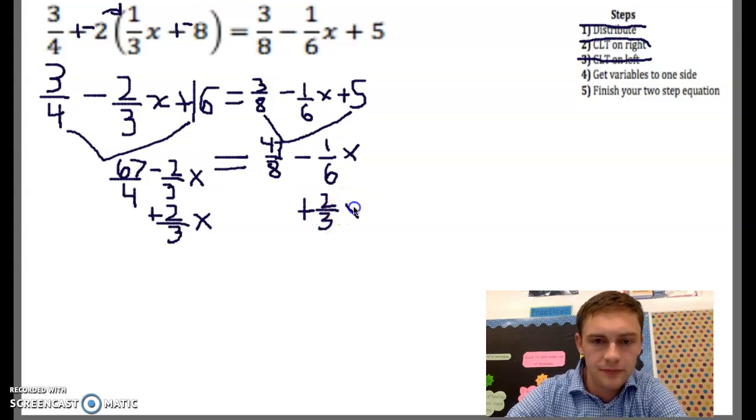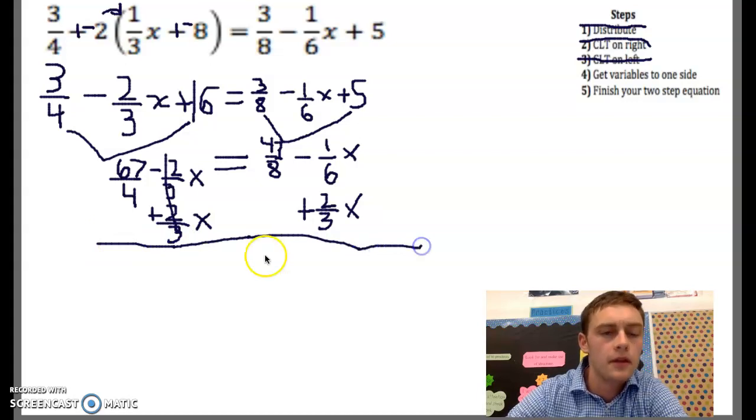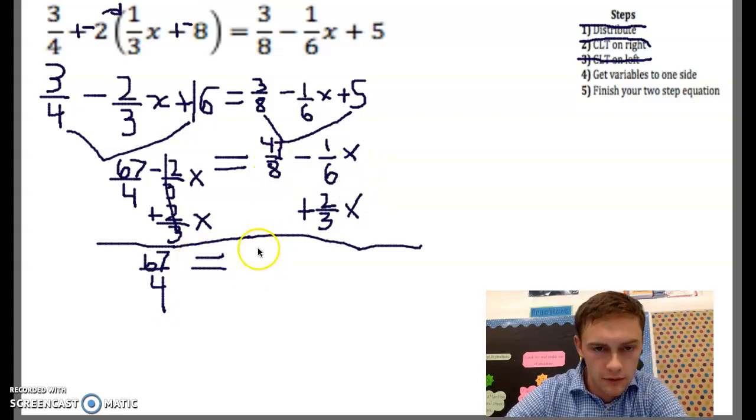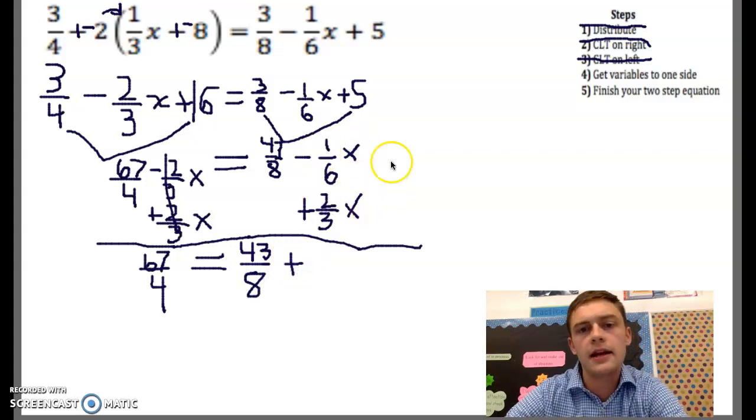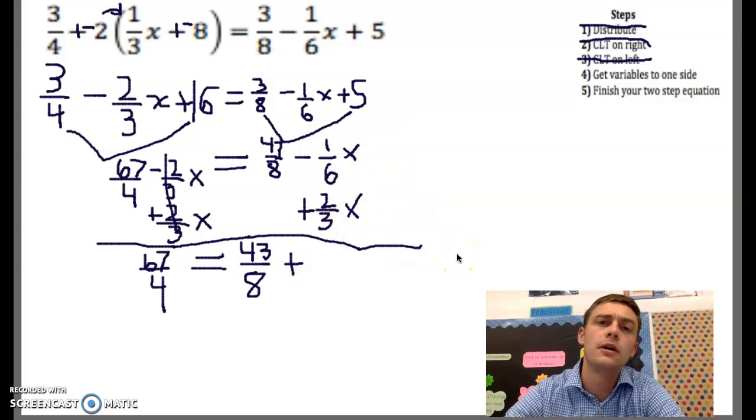Okay. Cross those out. What are you left with? 67 over 4 equals 43 over 8 plus negative 1/6 x plus 2/3 x is what?